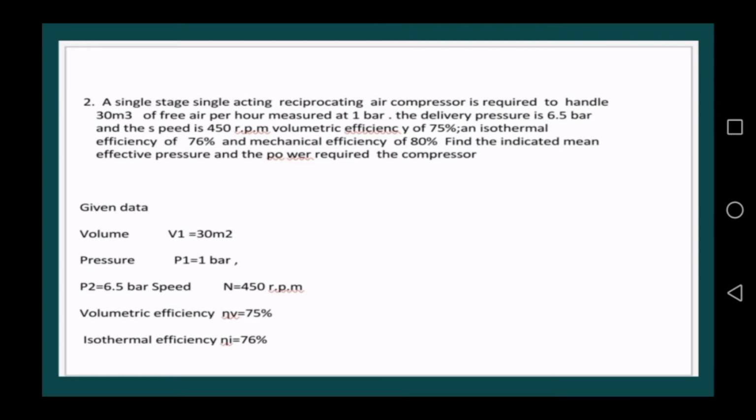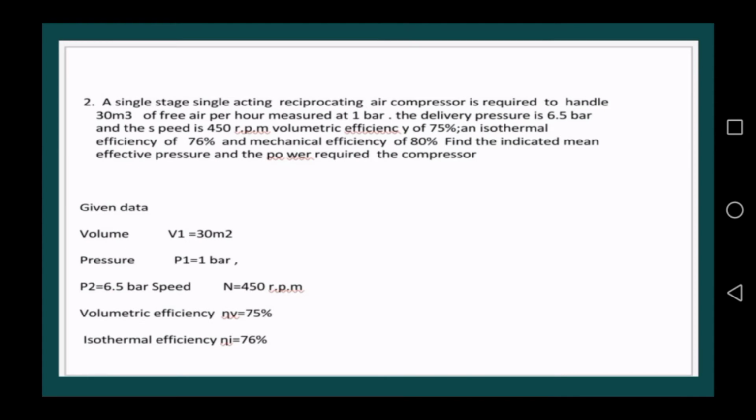For the given data, volume V1 is equal to 30 cubic meters. Pressure P1 is equal to 1 bar. P2 is equal to 6.5. Speed N is equal to 450 RPM.